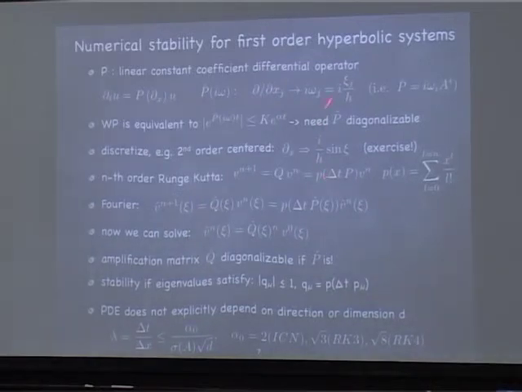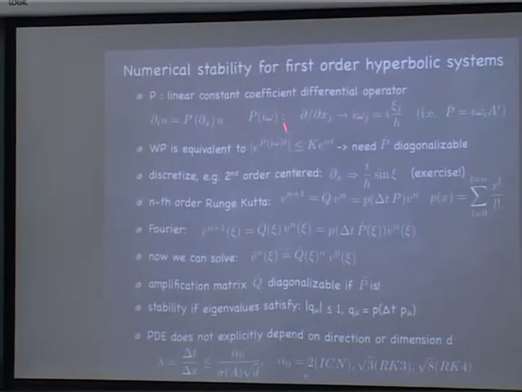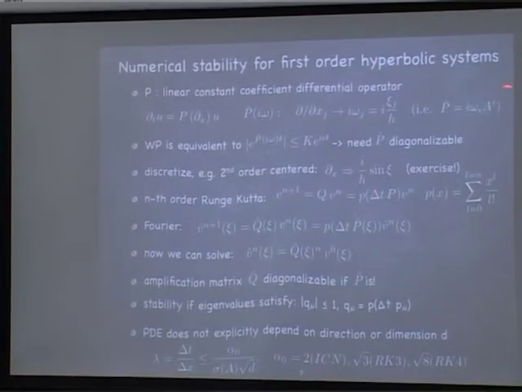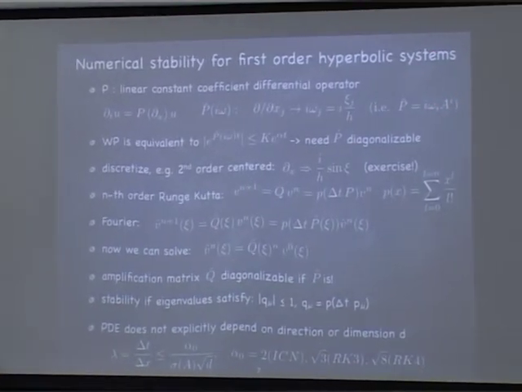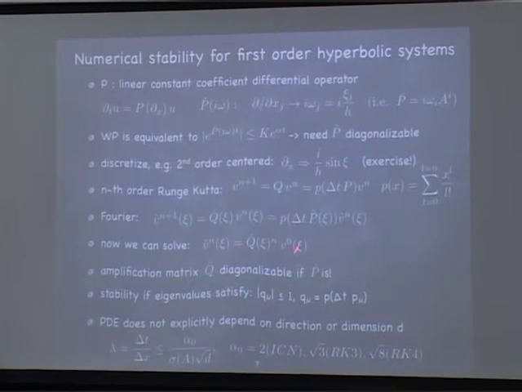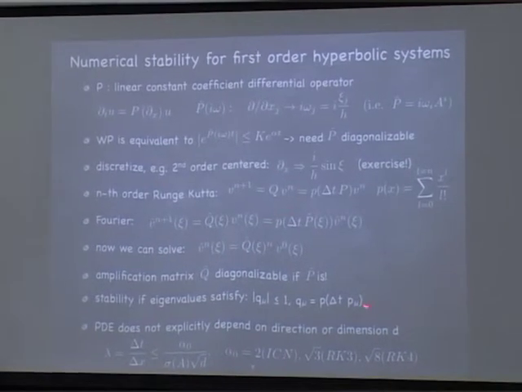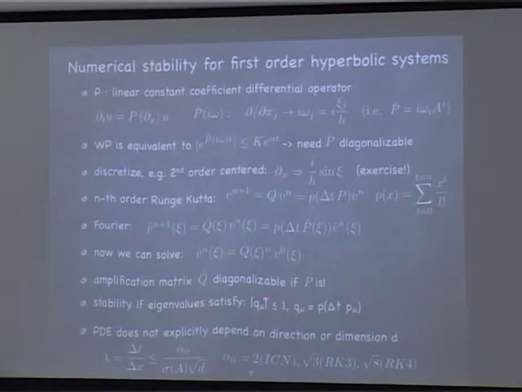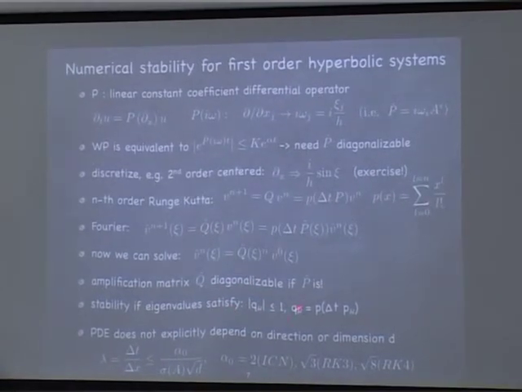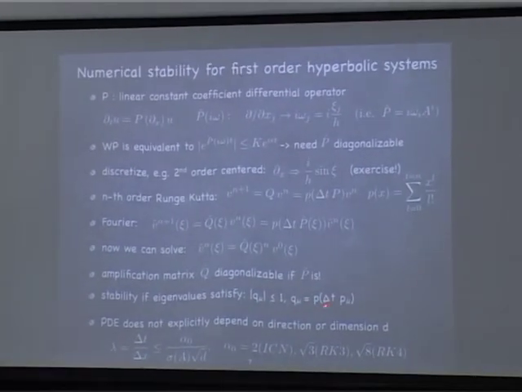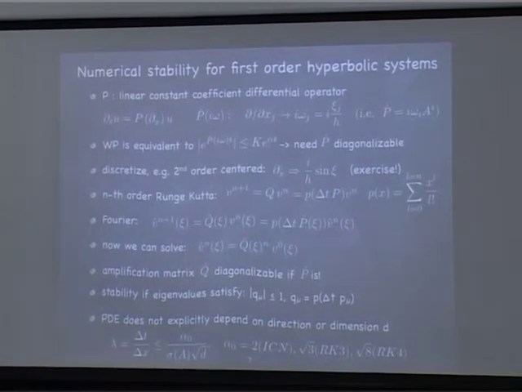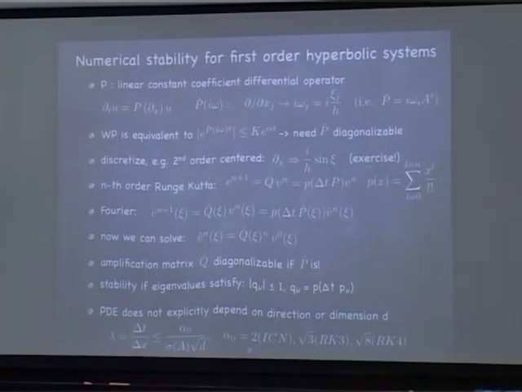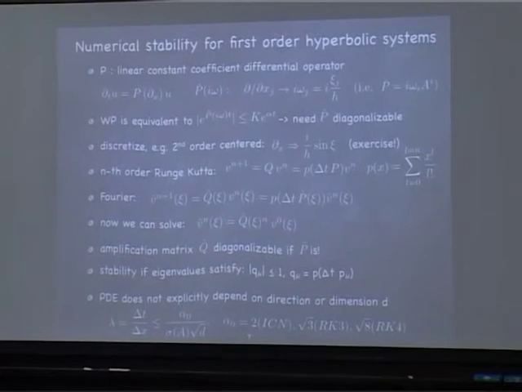So if the original operator A is diagonalizable, this all works out. We get a diagonalizable discrete update operator. We have it stable if the eigenvalues are bounded, but since the eigenvalues also depend on the time step, we can always make it stable just by making the time step small enough.